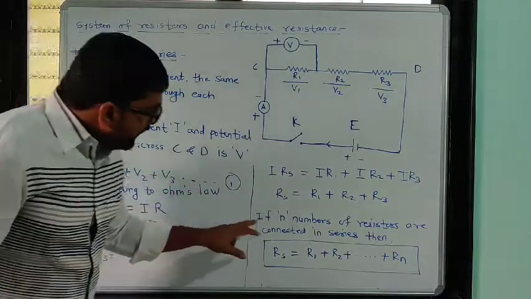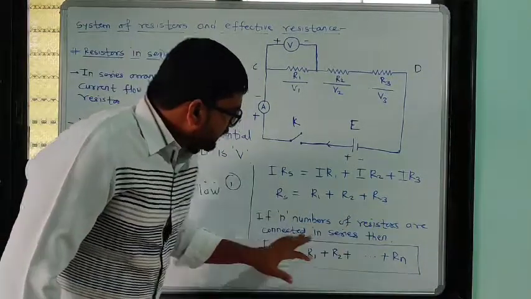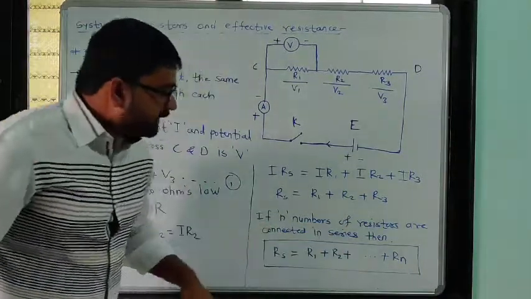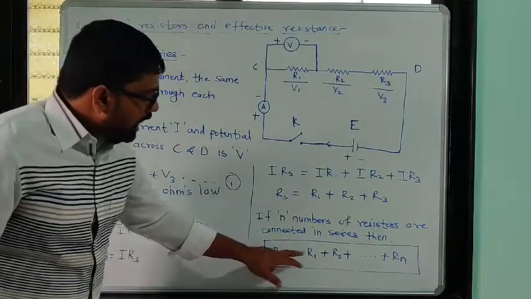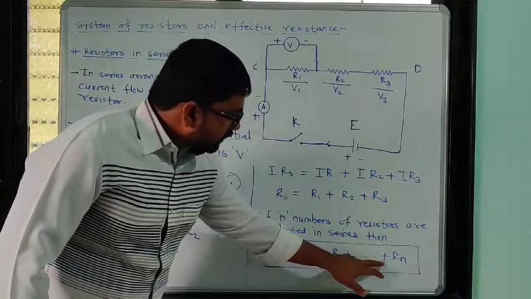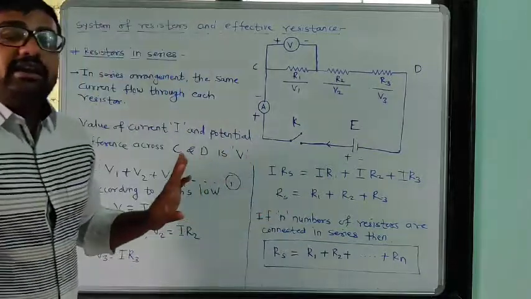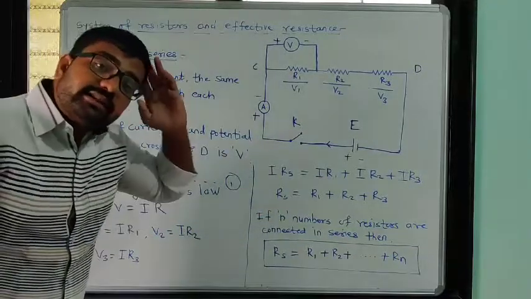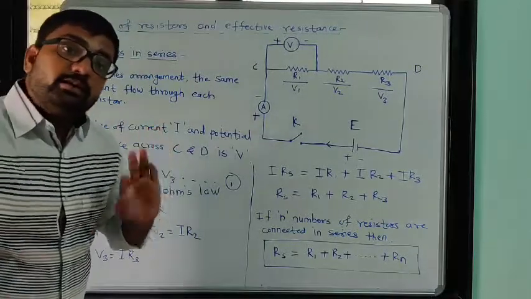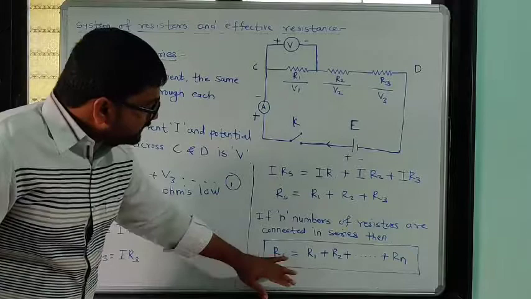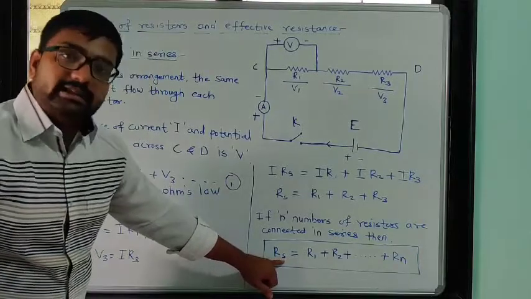So if n number of resistors are connected in series, then their effective resistance in series will be equal to R1 plus R2 plus up to Rn. Addition of all the resistors takes place, so we calculate their effective resistance when all resistors are connected in series.